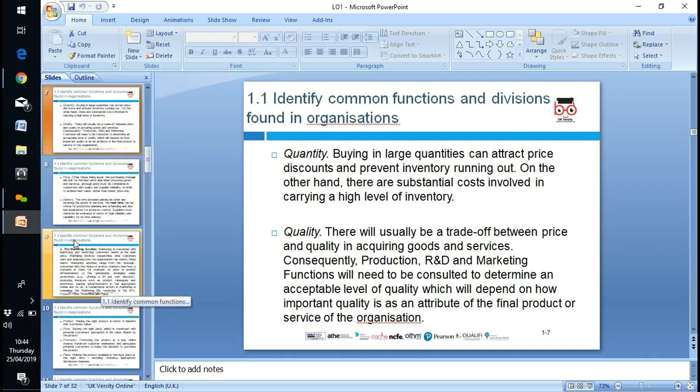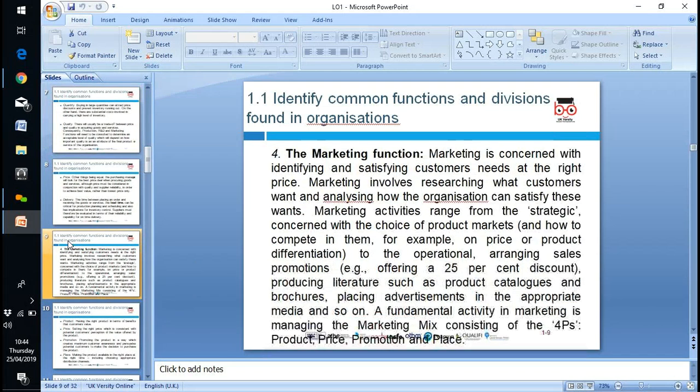I'll jump a few here. Marketing is looking at identifying and satisfying customer needs, not actually just selling to them, making something and then selling it. It's finding out what the customer needs and wants and then making sure that you produce the goods that they require.